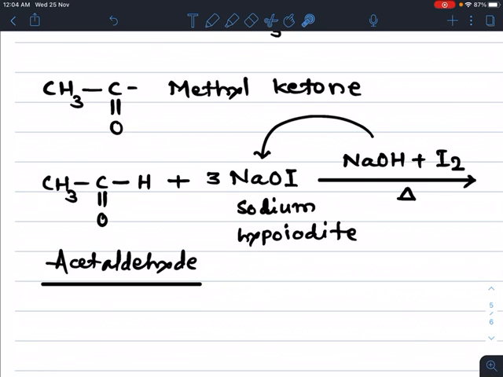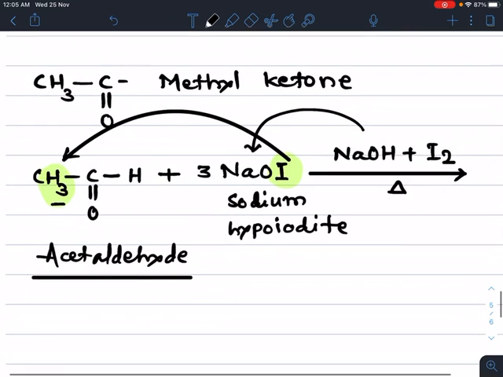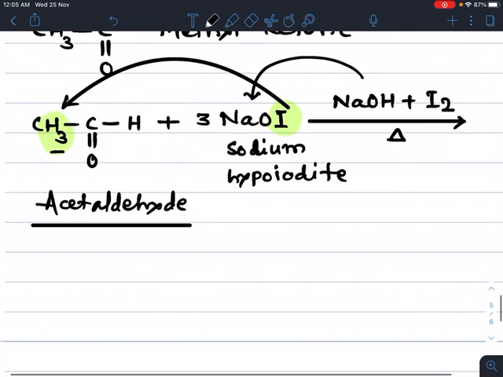The CH3 group of the CH3CO group is converted into CHI3, the haloform. So these 3 hydrogens are replaced by 3 iodines.